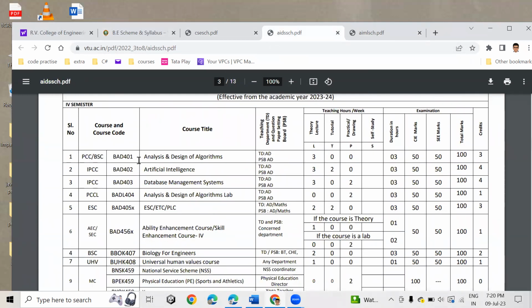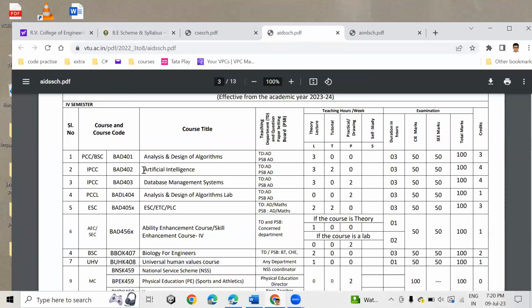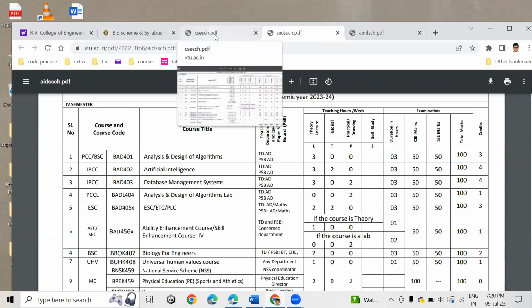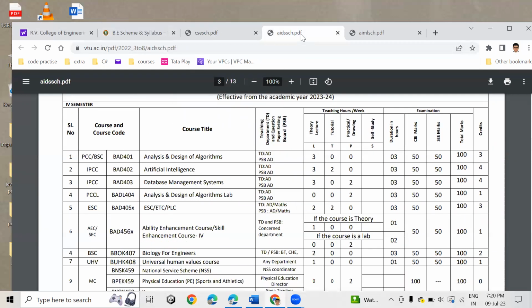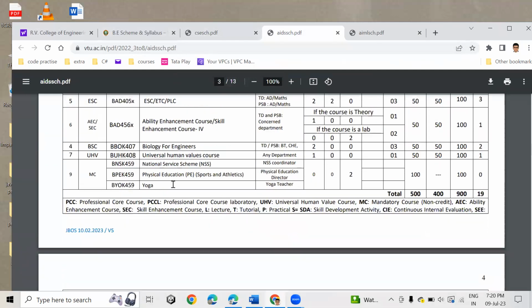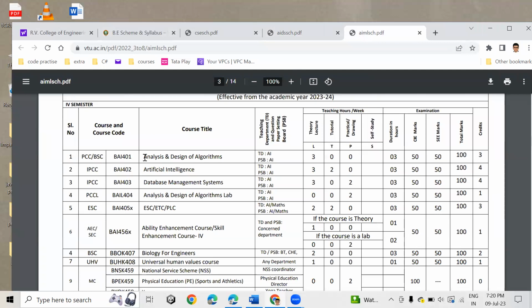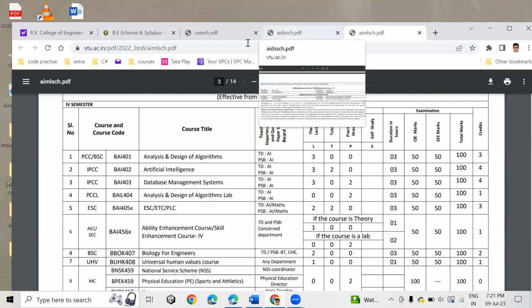If you look at AI and DS, you can see this is almost the same, except that artificial intelligence has been specifically added over here, and database and other subjects are the same. How about AI and ML? This syllabus is matching with AI and DS.